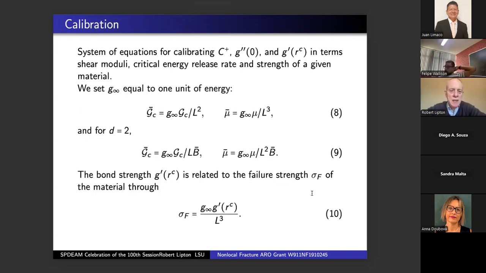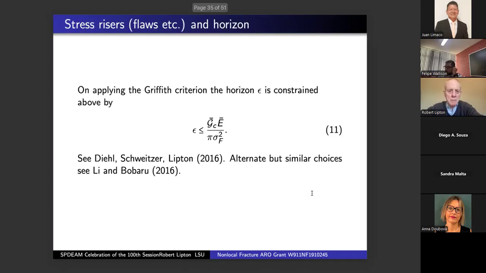Here is just a slide saying how you would calibrate it to measured quantities that you would get off Wikipedia or from experiment. And then using those, you would plug in and calibrate your nonlocal model. You can do that. And we typically choose our horizon epsilon to be smaller. This is the usual Griffith criterion of an asperity being less than this ratio here.